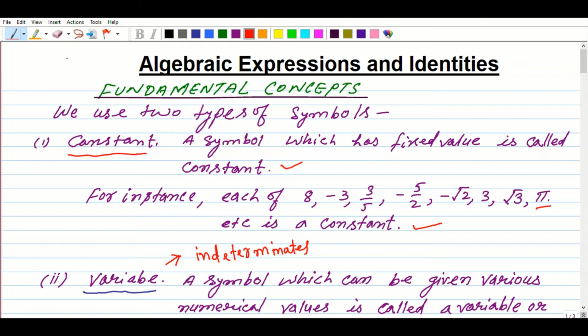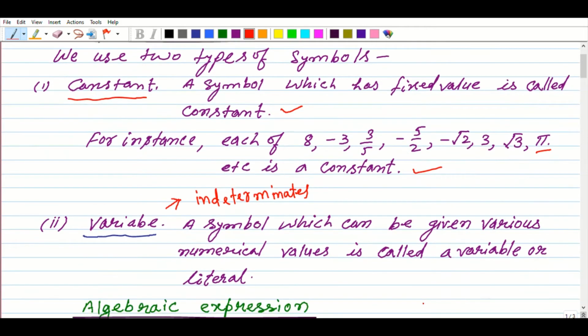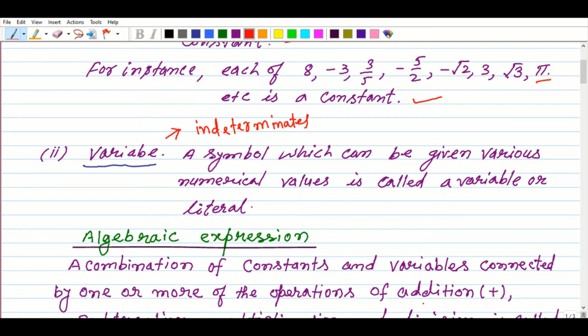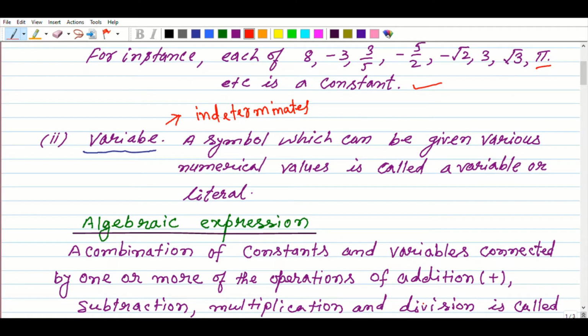Now let's see what is a variable. A symbol which can be given various numerical values is called a variable. Variables we can make, you know very well how many alphabets? 26 alphabets. In alphabets there are 26 letters, right? Very good.